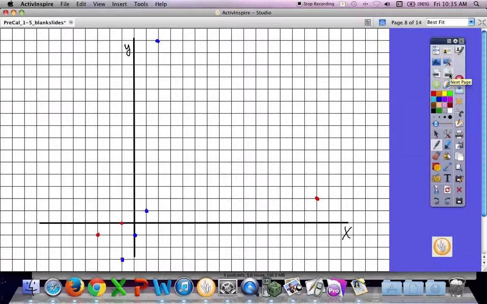Right here, this was the f function, or these 3 points, right? -1, -3, 0, -1, 1, 1, and 2, 15. Right? So here we go.